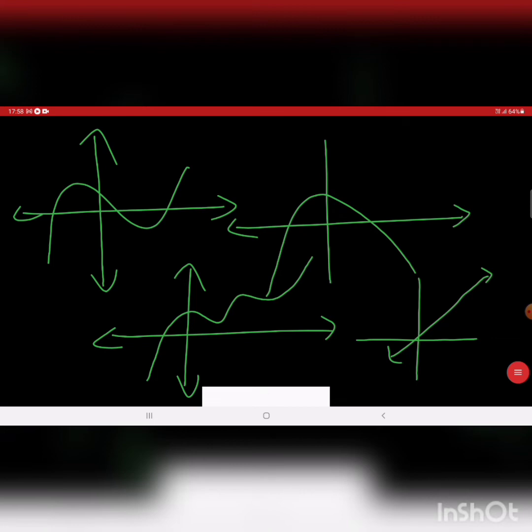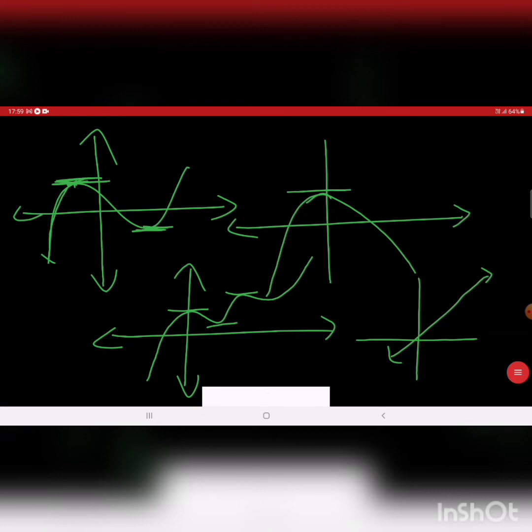See here the turning point, this one the turning point, here also the turning point, at which f dash x is 0. So this turning point divides the domain into intervals. After the turning point, the function changes its nature. See, here it is increasing in this domain.